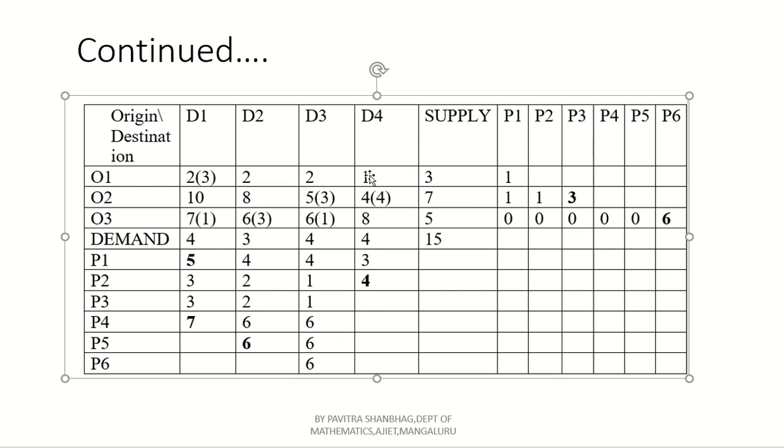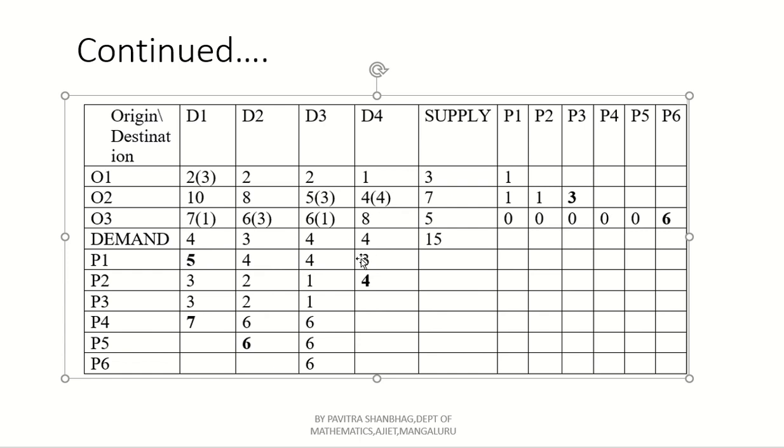Look into that column: demand is 4, supply is 7. The lowest value is 4, so assign 4. This column vanishes. Subtract this 4 from the supply, and the remaining is 3. So here 3 remains, here 1 remains.